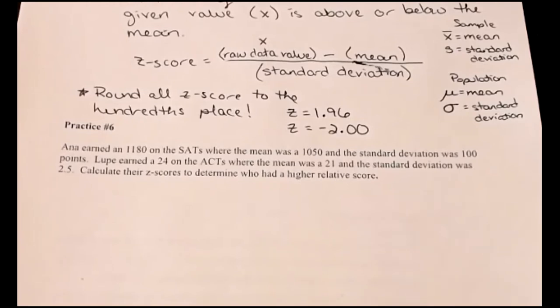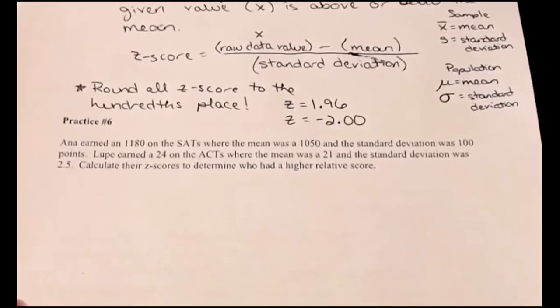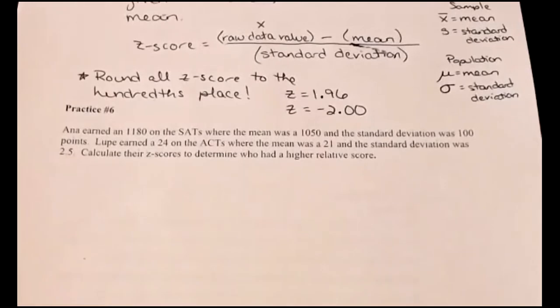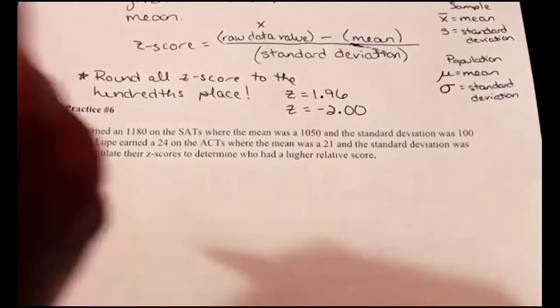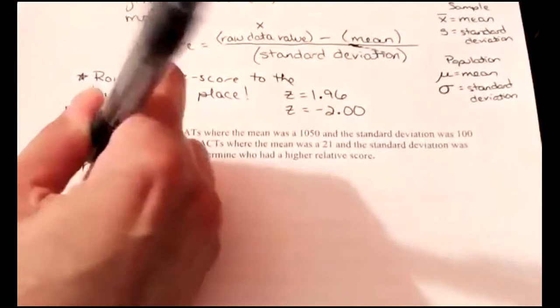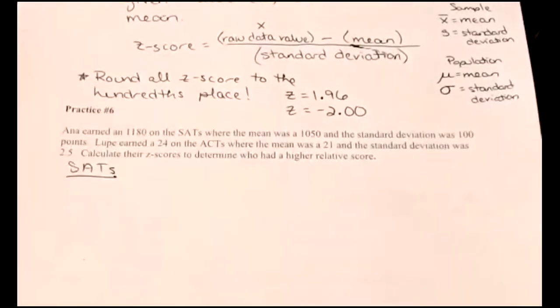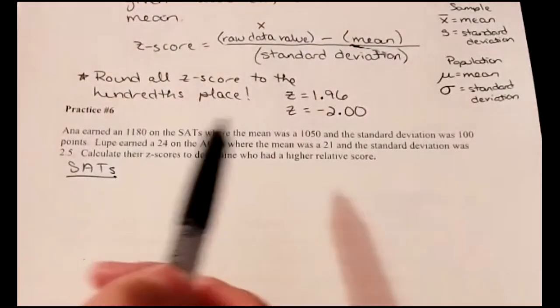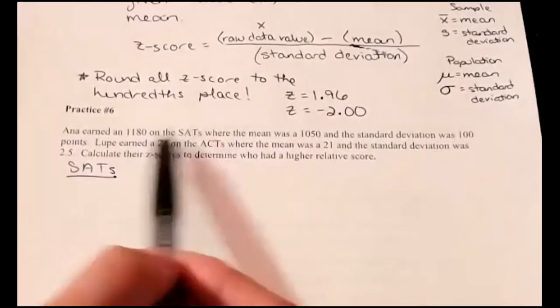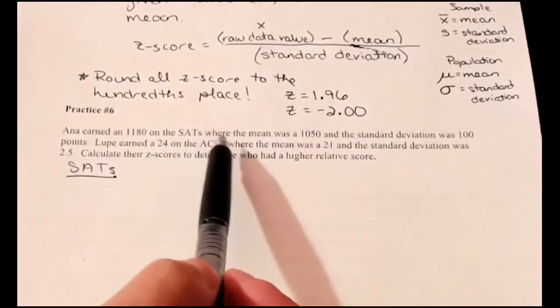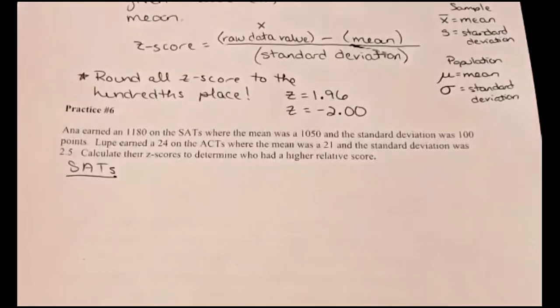So the first thing I would always recommend for problems like this is organize your information. Literally, I would write the following. I would say SATs. I would note that we were given the mean for the SATs. And if we're referring to the SATs in general, is this sample data or population?